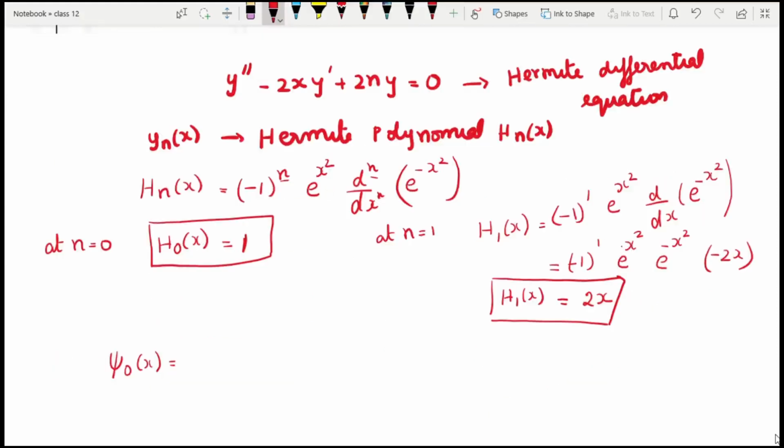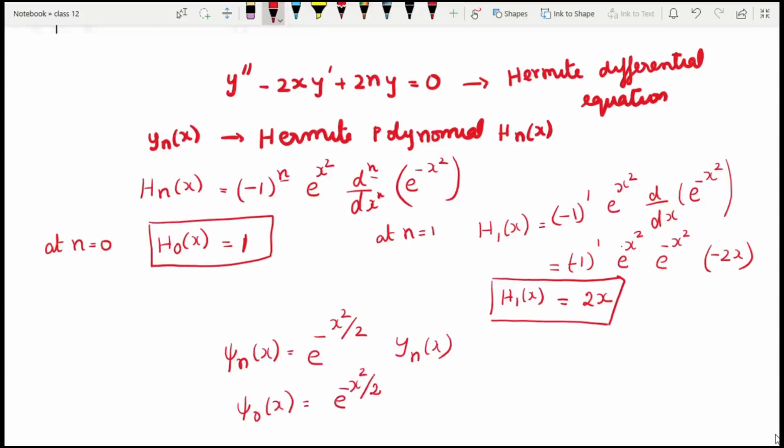Then we will write the function first. Psi n of x is equal to e power minus x square divided by 2 into y n of x. So psi 0 of x is equal to e power minus x square divided by 2 into y 0 of x, and for psi 1 of x it will be e power minus x square divided by 2 into y1 of x.